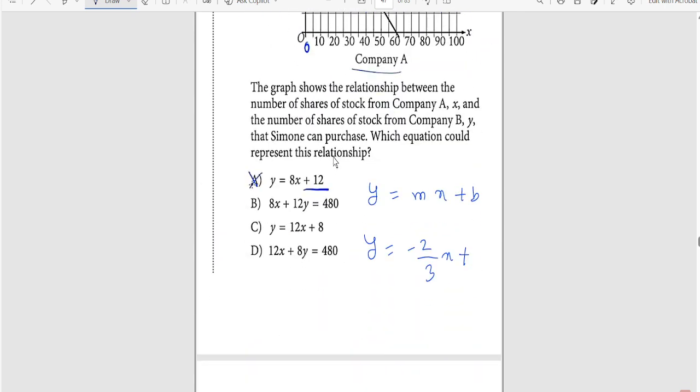So I will write 40 here. Now I can see there is no such option. So if I multiply the whole equation with 3 to get rid of this fraction, but it does not say anything like that.